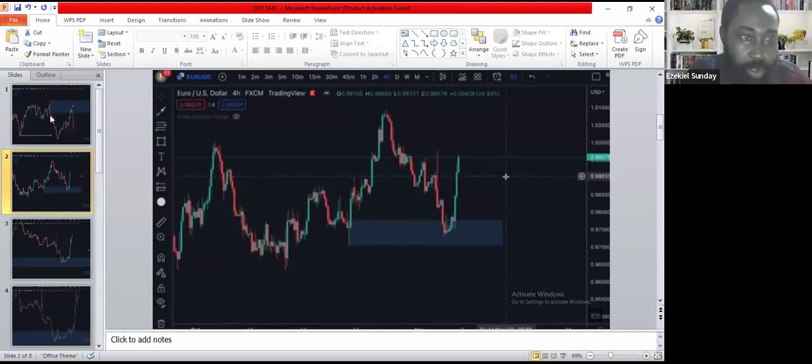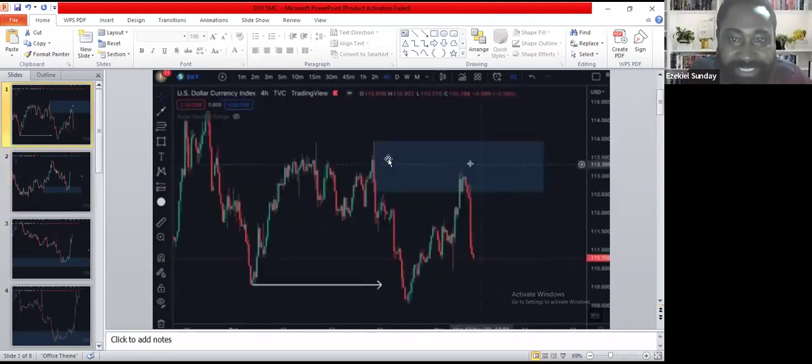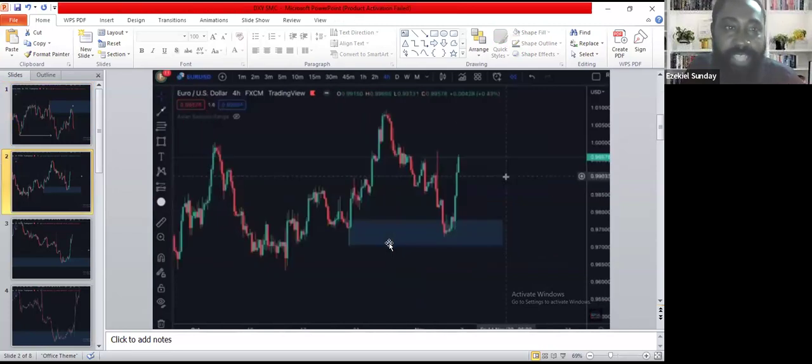So where you are having a demand zone on the DXY, you are having a supply zone on the inverse correlated currency pair.